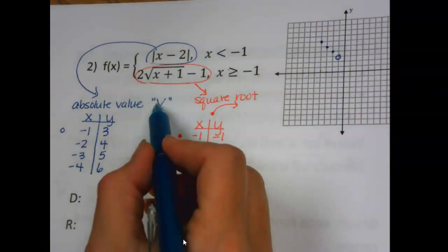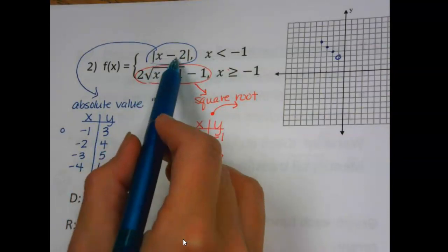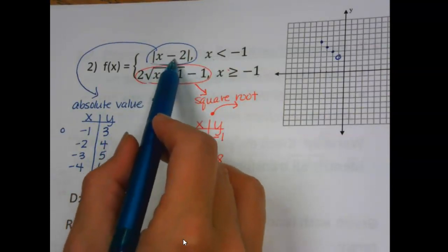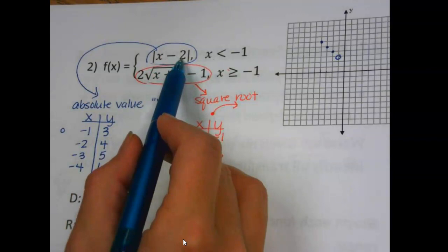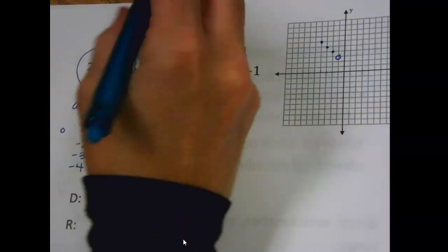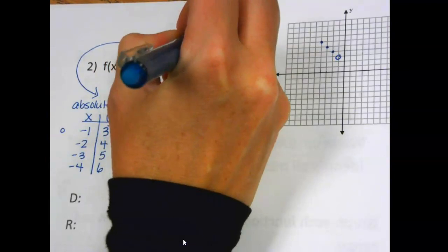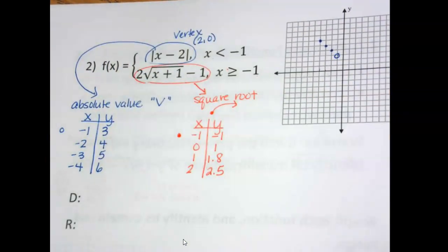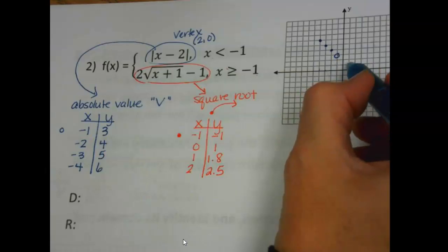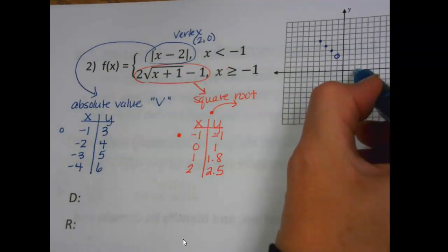So I want to kind of check on some things here. Absolute value, the transformation that happened here, looks like it was a V that went to the right 2. So that would have put my vertex, if it started at 0, 0, my vertex would have then moved to 2, 0. So my vertex, if I were to continue this, would be down here.